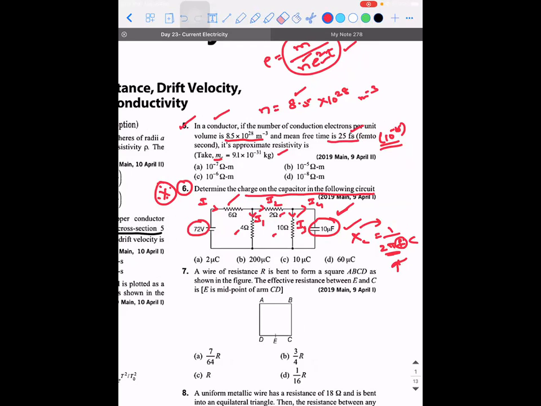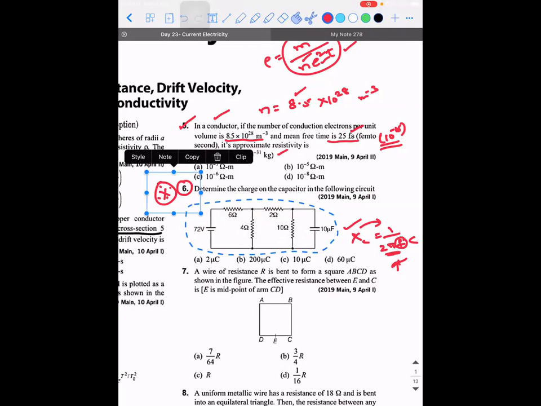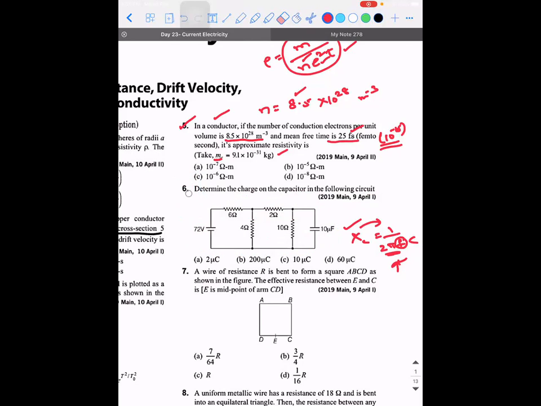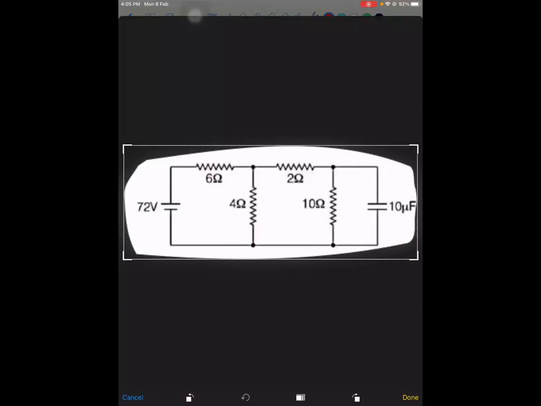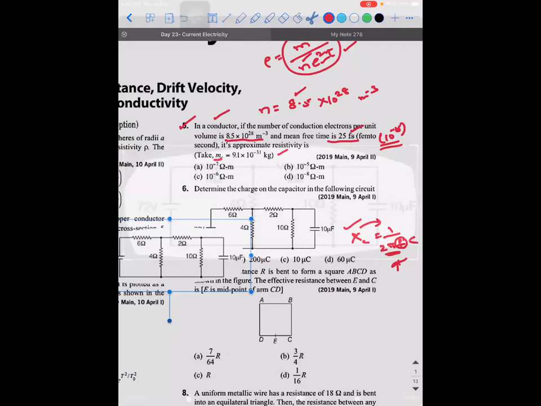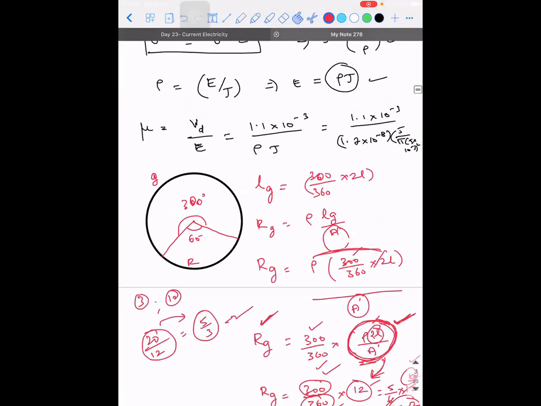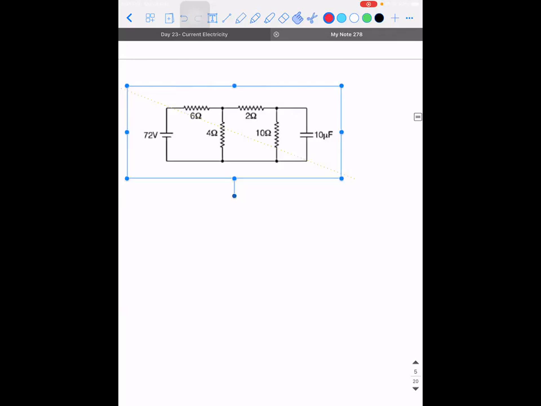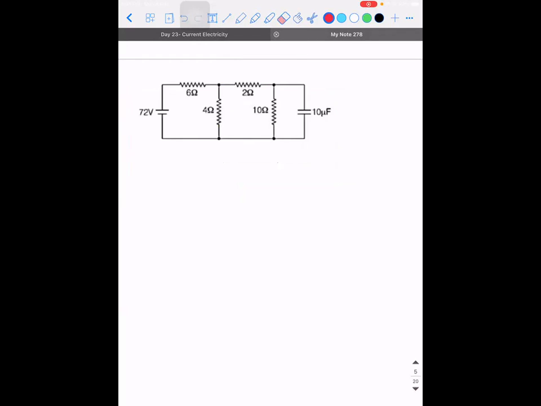Are you guys making a note of all these points? It will become an open circuit. So now this part of the branch is not functional.